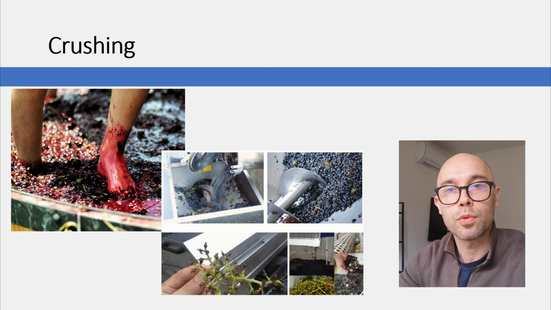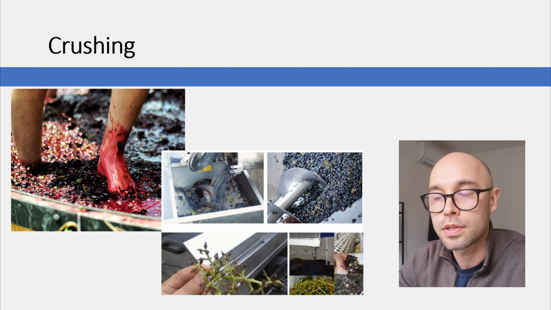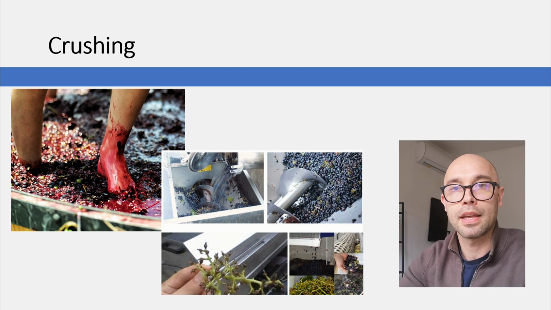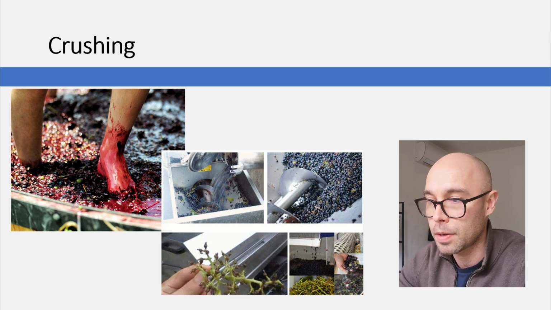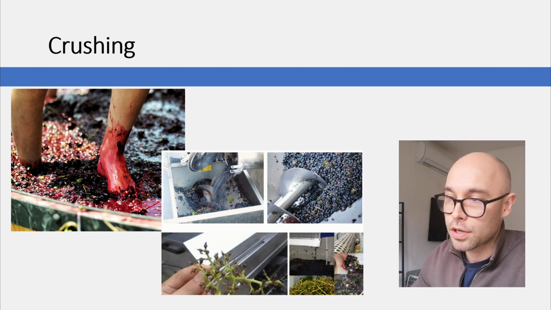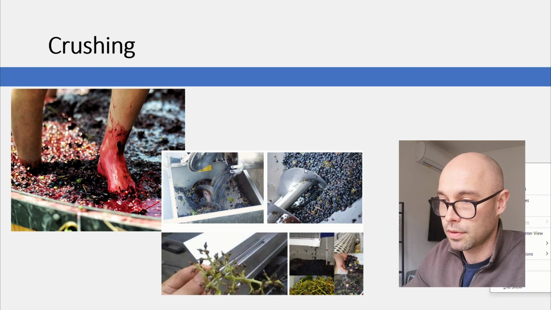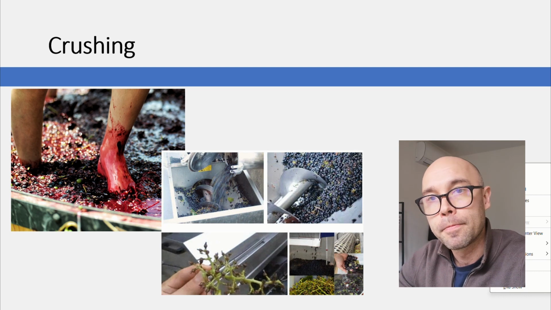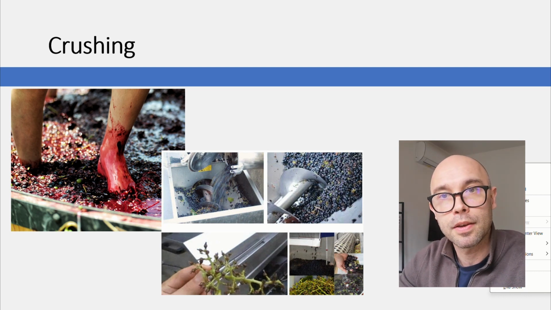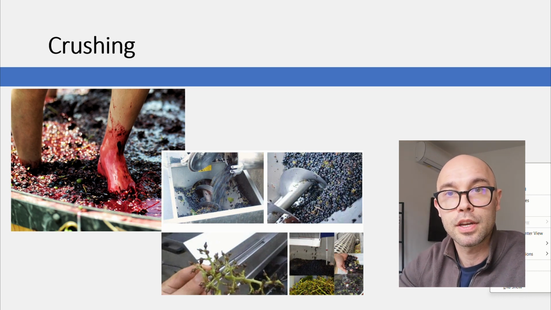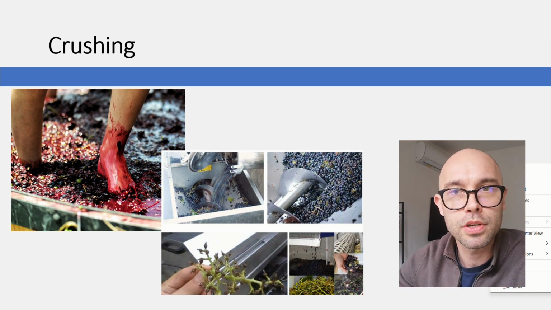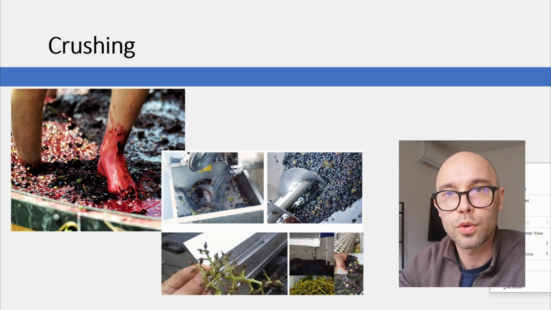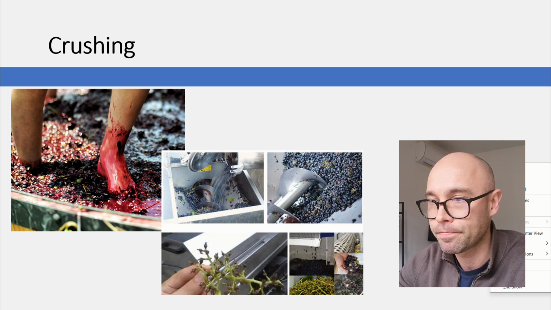Today, there's modern winemaking technology that allows a more sophisticated way of crushing grapes. Here on this picture, you can actually see that there's options to separate the stalks from the grapes before they're getting crushed. But these options you need to understand when you come to WSET Level 3.